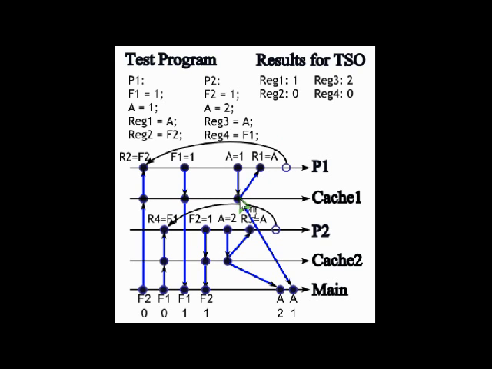The other behavior that's different is that in TSO, writes are split into two pieces. One piece is the write between the pipeline and the local memory, the cache, and the second piece of the write is between the cache and memory timeline.